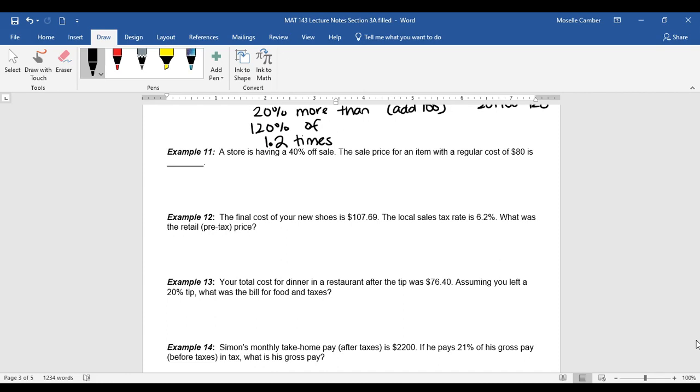So we know that the sale price is going to be 40% less than the retail price, right? The 40% comes from your original price. So 40% less than. We have the regular cost, we have the retail cost, so that is here.